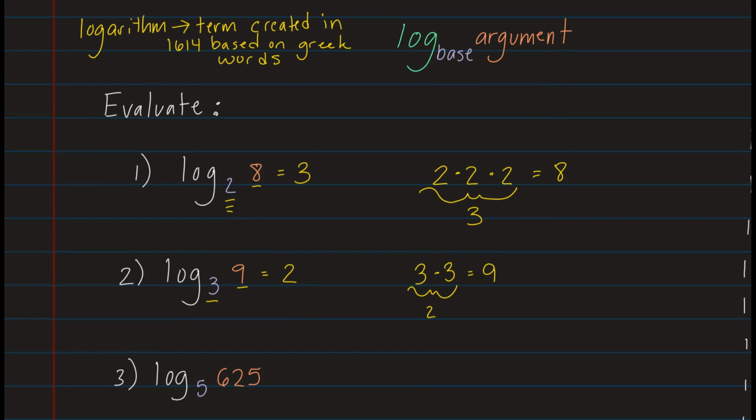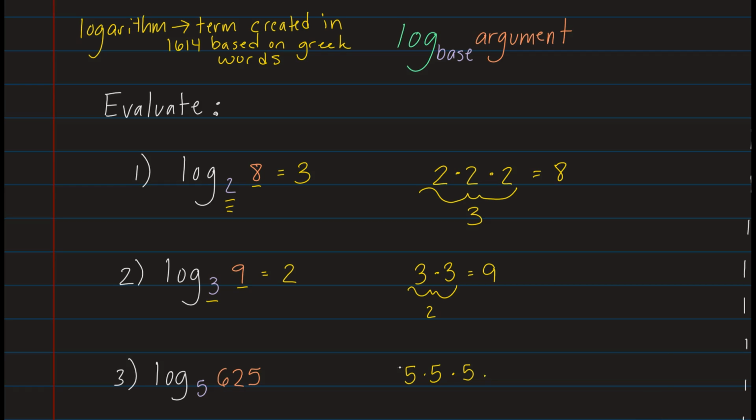And one last time, we have log base 5 of 625. So this one is quite a bit larger. So we have to ask ourselves, how many times do we multiply 5 times itself to give us 625? 5 times 5 is 25, so we're not yet there. Times another 5 is 125, still not there.